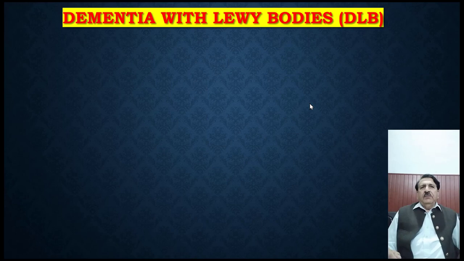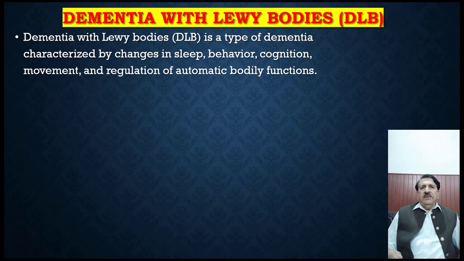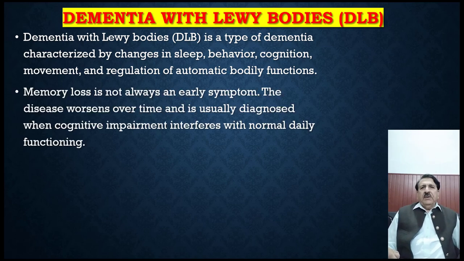Dementia with Lewy bodies is a type of dementia characterized by changes in sleep, behavior, cognition, movement, and regulation of automatic bodily functions. Memory loss is not always an early symptom. The disease worsens over time and is usually diagnosed when cognitive impairment interferes with normal daily functions.